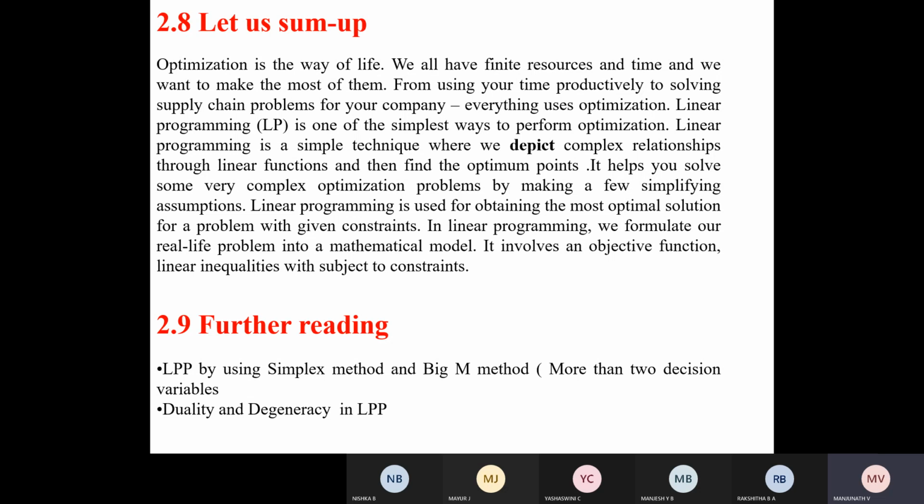That's what exactly LPP teaches us. From using your time productively to solving supply chain problems for your company, everything uses optimization. Linear programming is one of the simplest ways to perform optimization, that is to minimize loss and to maximize your profit. Optimization, in simple words.